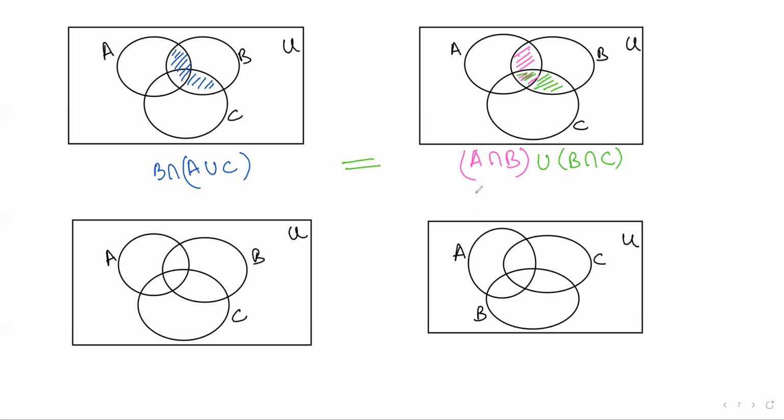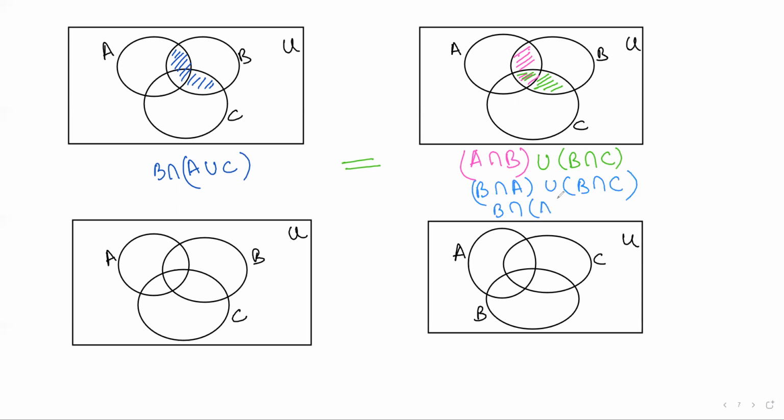Now we can write this as B intersection A union B intersection C. If you write A intersection B or B intersection A, it has the same meaning. Intersection is commutative in nature, as we studied earlier. In both these brackets, B intersection is common. So we'll take B intersection common outside. In the bracket, what is left?